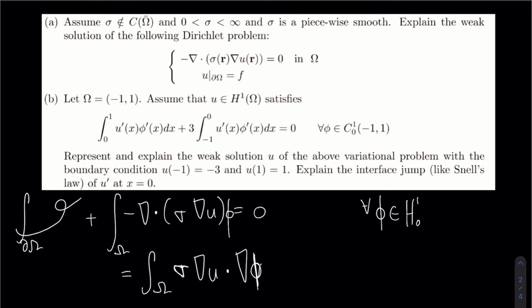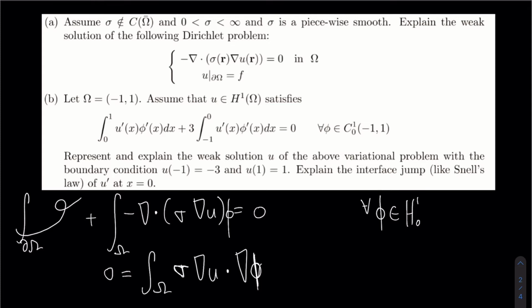So why is the bottom equality better than the top equality, or what we had before? Well, notice that the top has two derivatives, two nabla signs, while the bottom only has one.